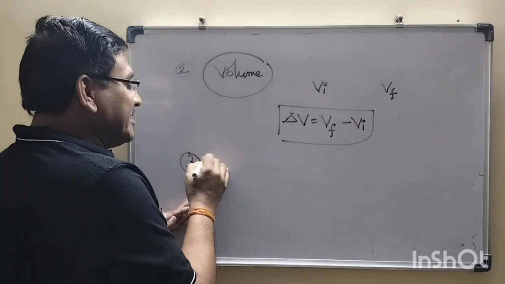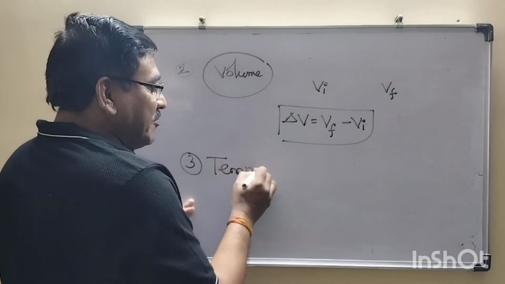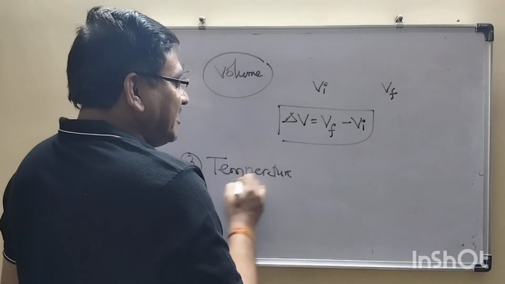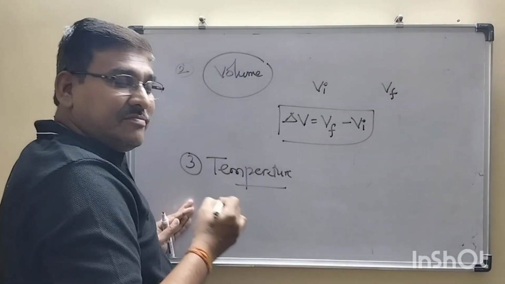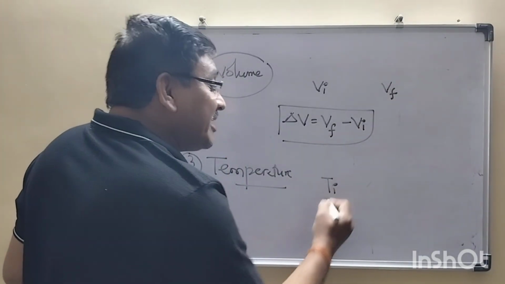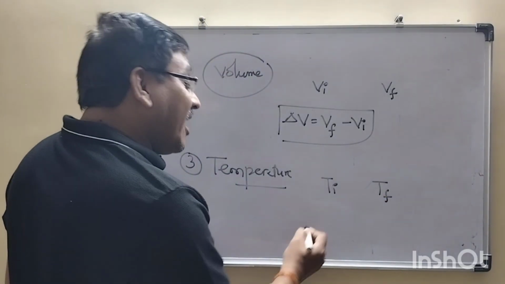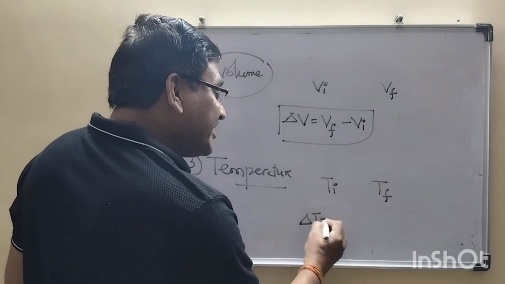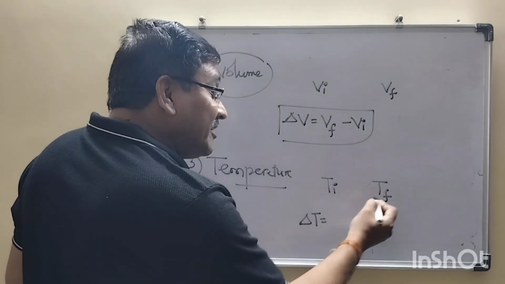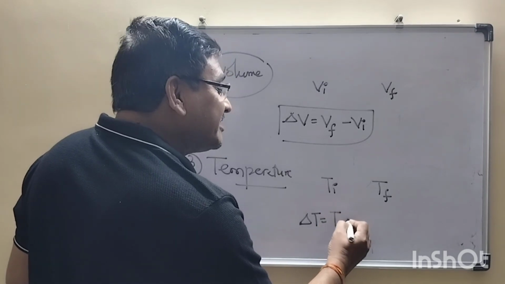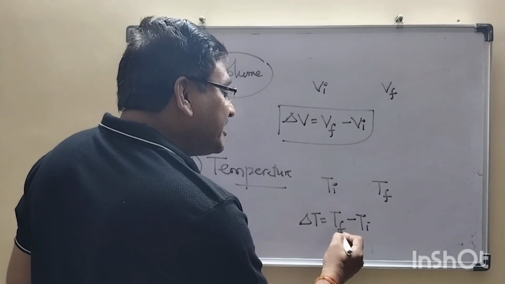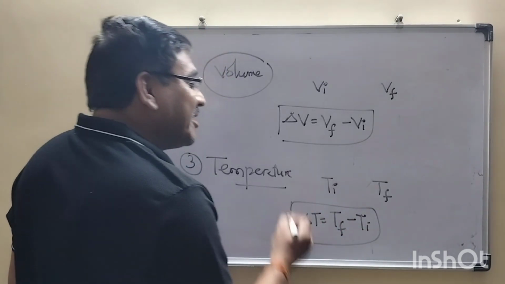Similarly, temperature is a state variable. The initial state temperature is Ti, the final state temperature is Tf, and the change in temperature is Tf minus Ti, final temperature minus initial temperature.